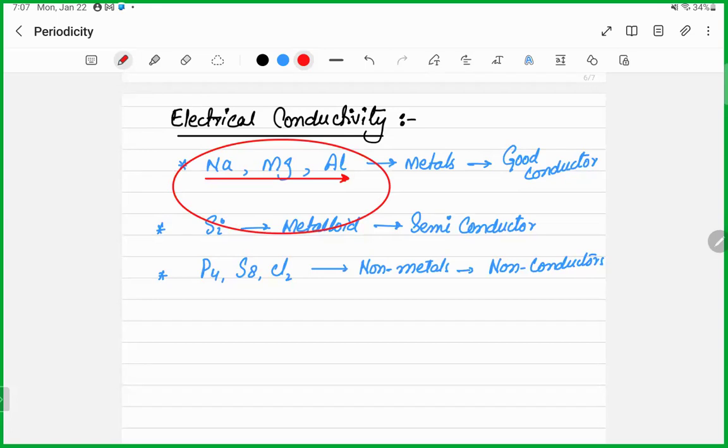Conductivity depends on number of delocalized electrons. So can I say that from here till here, the conductivity increases? और reason क्या है? More free electrons और delocalized electrons. ठीक है. More free electrons और more delocalized electrons. That's the main reason.